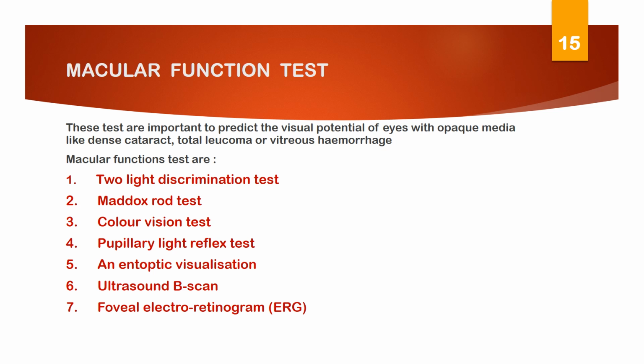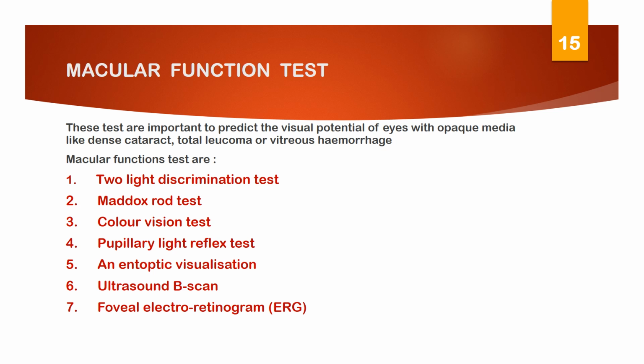And the entoptic visualization. If the eyes are closed and the globe is steadily and firmly massaged through the lower lid with a bare lighted bulb, like a torch or ophthalmoscope, the patient will see clearly the entire vascularity of the retina in an orange ground. Fifth one is the ultrasound B scan.